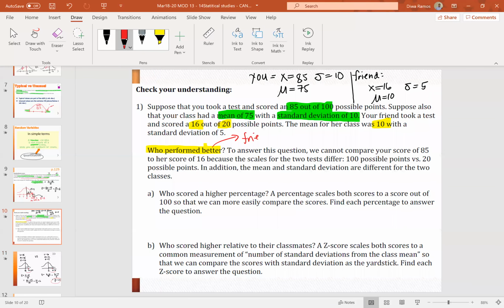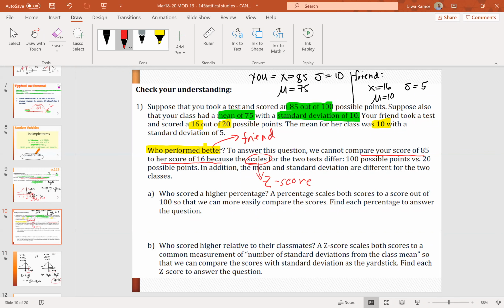So we did compare the two of them through a similar scale, and we use the standardized score or Z score to actually compare them.